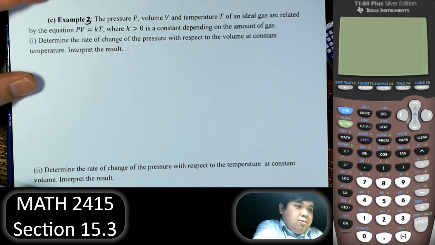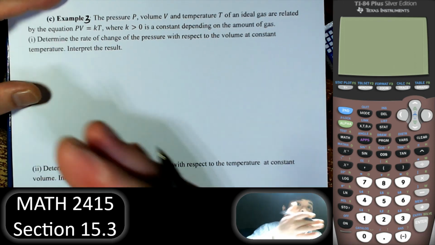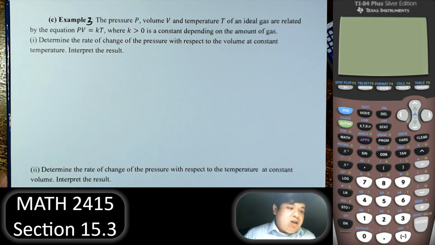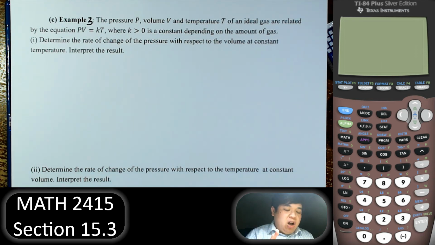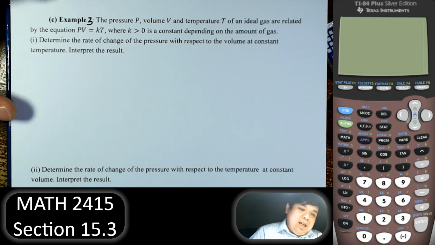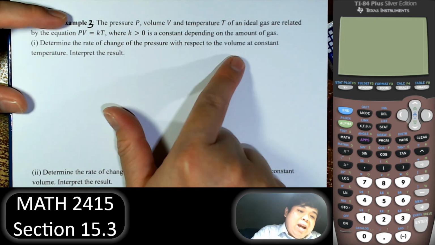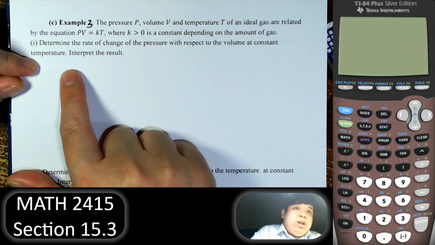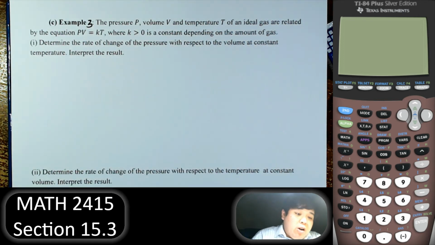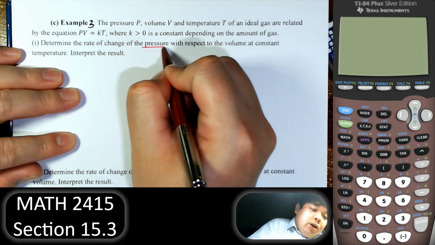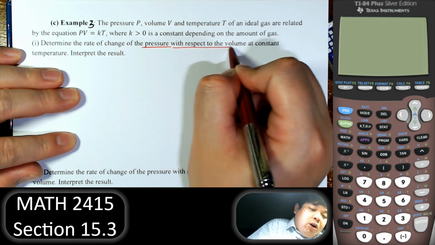Because in chemistry you will have something more precise than just a K there, but in math, that's a constant, doesn't matter. PV equal to some constant times T. Now determine the rate of change of the pressure with respect to the volume. So I just write what we need to find: determine the rate of change of the pressure with respect to the volume.